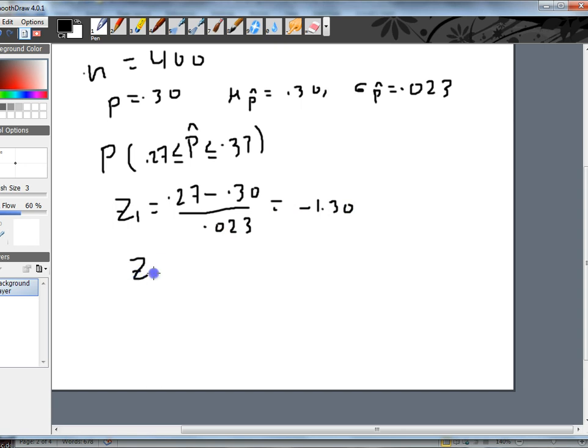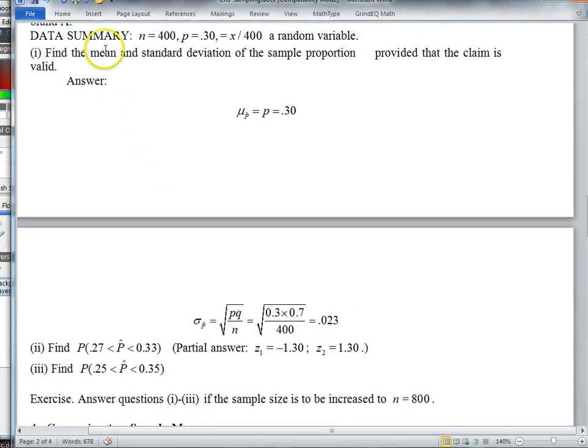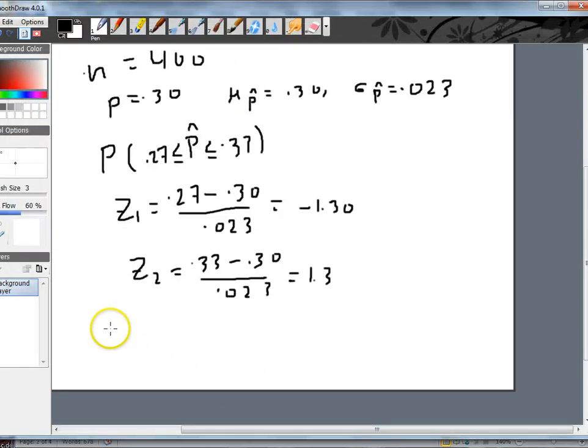And z2 is going to be the same thing, 0.33 minus 0.30 over the standard deviation, which is 0.023, or 1.30. And so now my problem becomes the probability of z between negative 1.30 and 1.30.